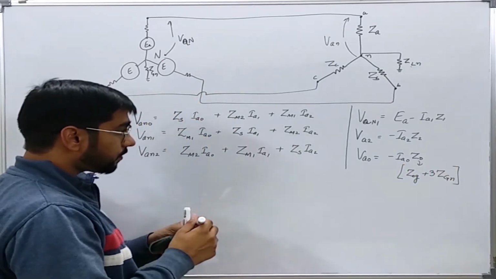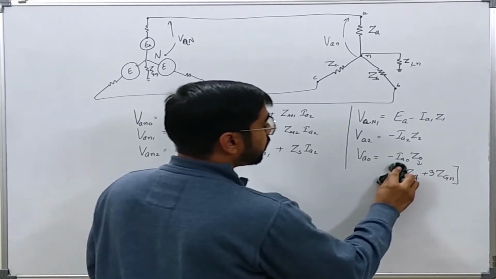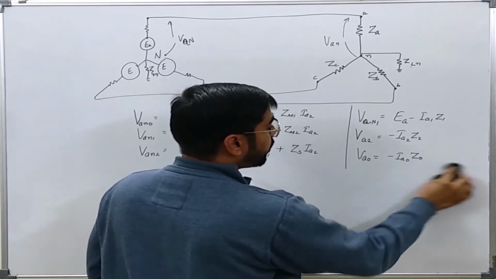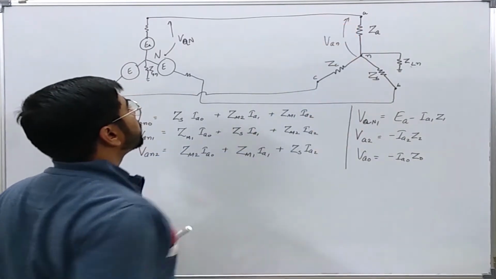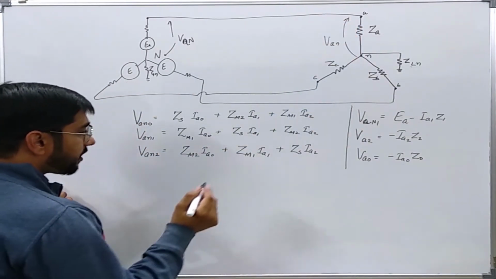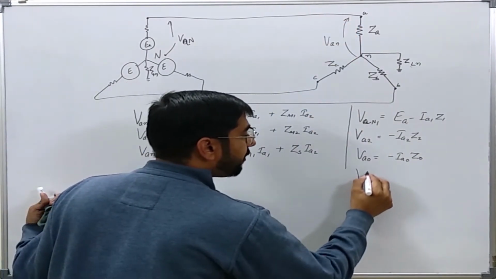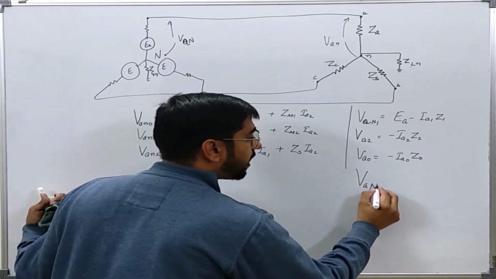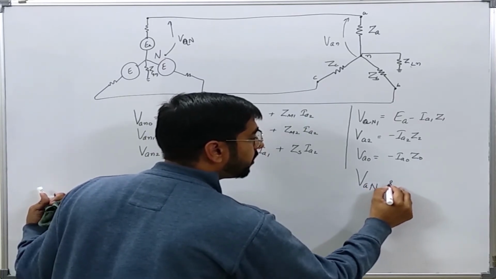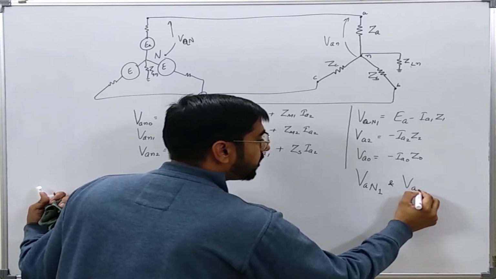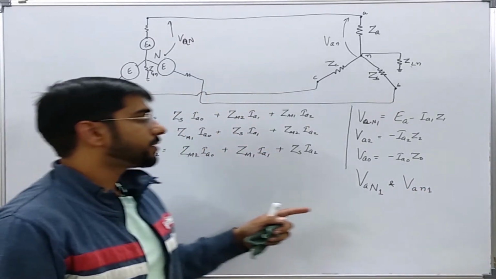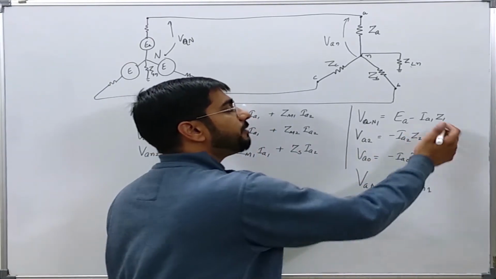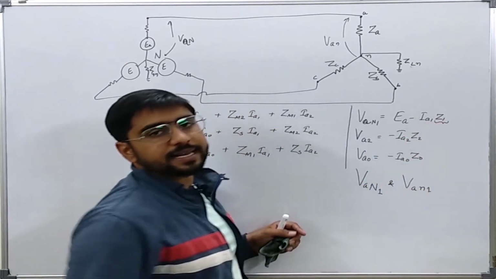Now what we will do, we will see what is the relation between these two voltage drops. That is, we will try to see what is the relation between Va capital N1 and Va small n1. Let us visualize this. First we should know that this Z1 is comprising of two impedances.